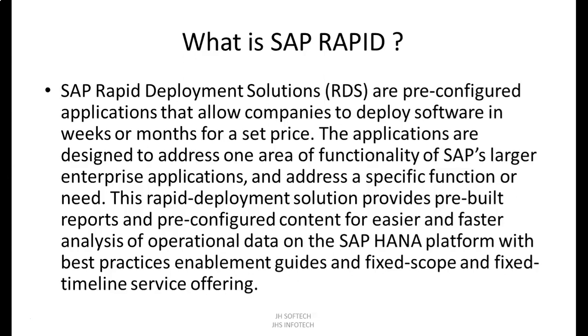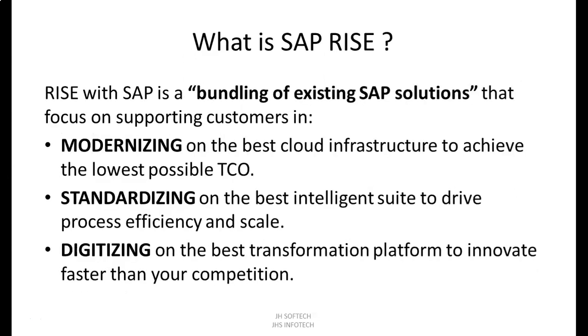Now, this rapid deployment solution, which we're talking about, provides pre-built reports and pre-configured content for easier and faster analysis of operational data on the SAP HANA platform with best practices, enablement guides, and fixed scope and fixed timeline service offerings as well.